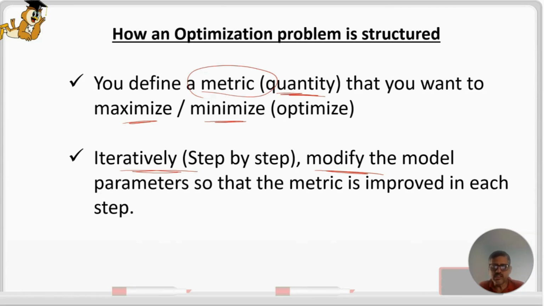And what you would do in each step is essentially modify the model parameters or the weights, so that the metric that you have defined is improved in each step, little by little. So iteratively, little by little, you keep improving the metric. That's how an optimization problem is usually structured. Okay.